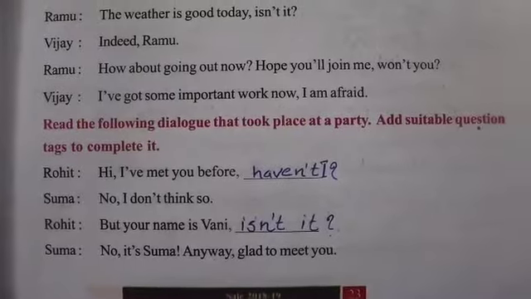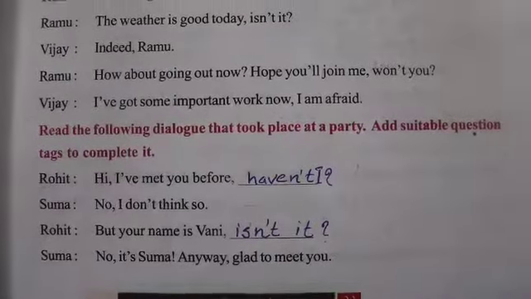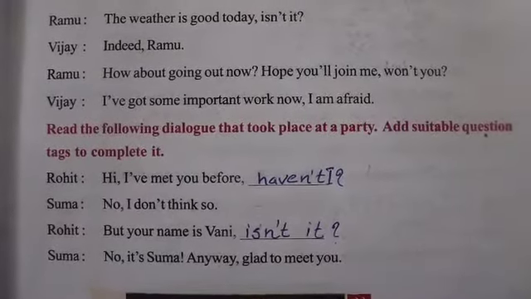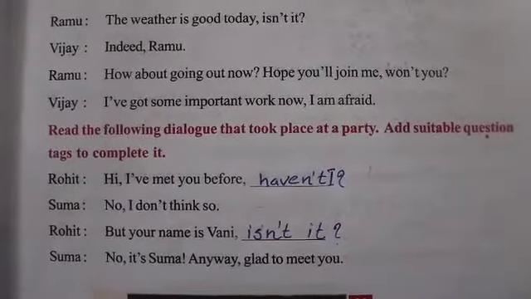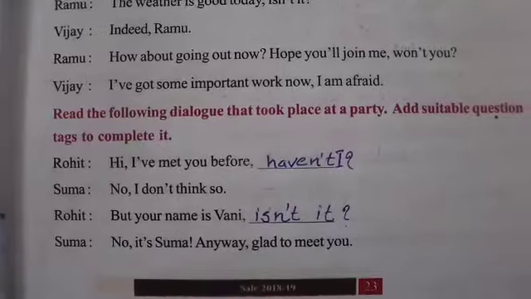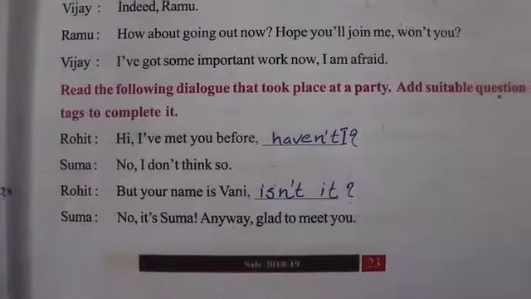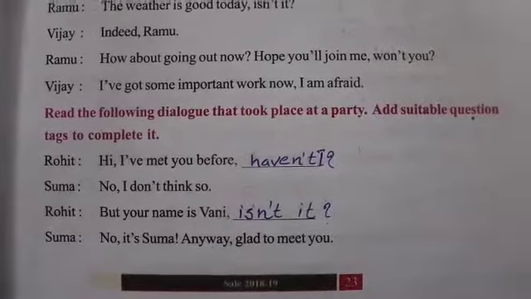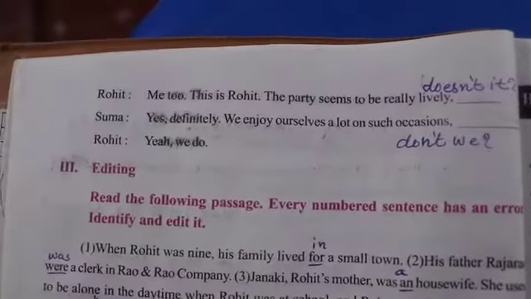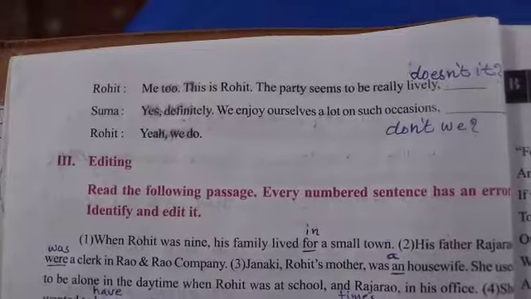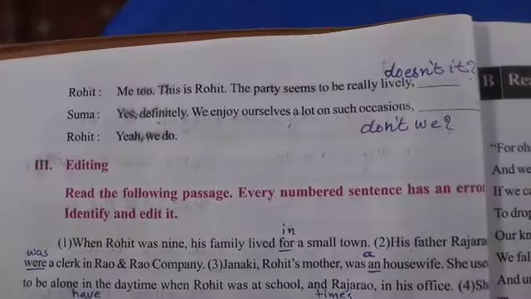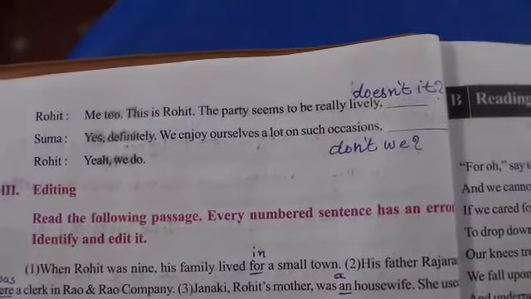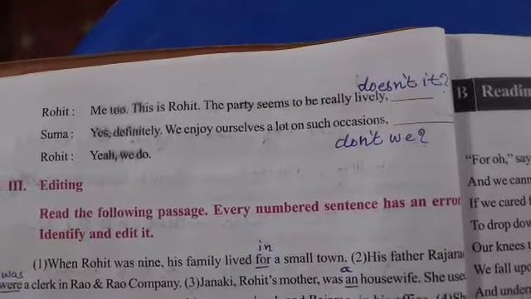So in that first part: haven't I? Or you can say, have not I? And second part, there, Rohit: But your name is Vani, isn't it? Then, Suma: No, it's Suma. Anyway, glad to meet you. Me too. This is Rohit. The party seems to be really lively, doesn't it?